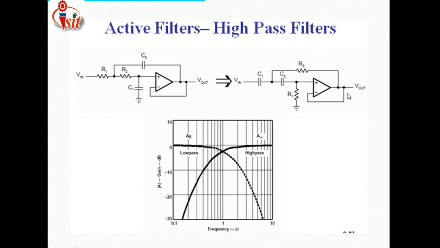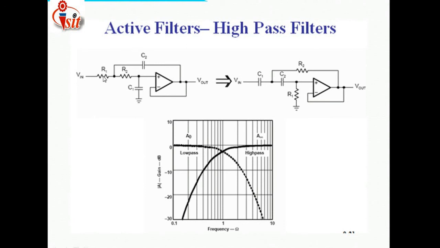Then the next parameter related to active filters is the high pass filter. How are we converting the active filter into a high pass filter? The active filter is converted into a high pass filter by changing only the capacitor and resistor positions. Just see over here, the resistors are connected in series. Instead of that, how are we converting the active low pass filter into high pass?